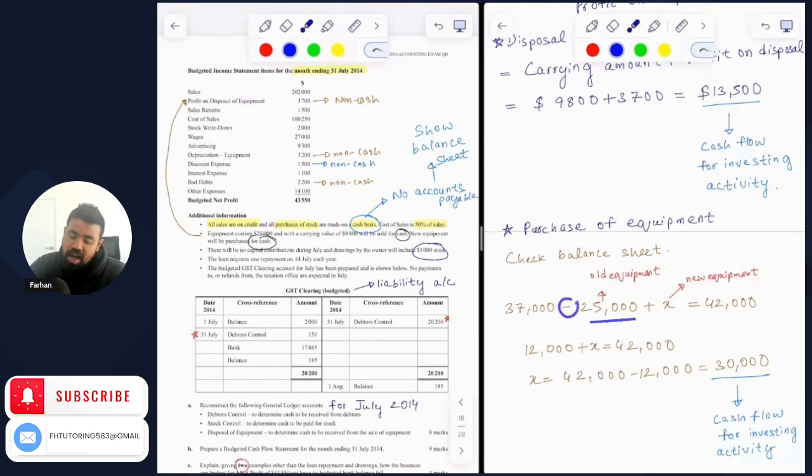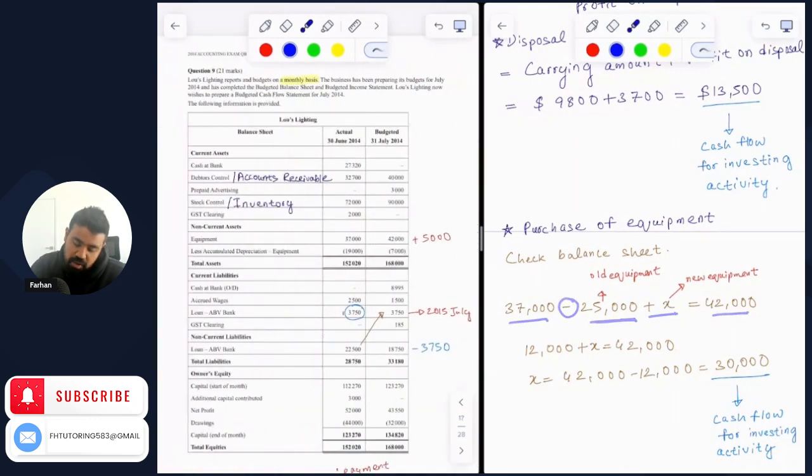So we start with the opening value of equipment of $37,000, then subtract the $25,000 for equipment that we have sold, and then add X. The X here refers to the purchase of new equipment. That should give you $42,000 as the balance at the end of 31 July 2014 based on the balance sheet. If you solve for X, 37,000 minus 25,000 gives us 12,000 plus X equals 42,000. Then X is simply 42,000 minus 12,000, and that gives us $30,000.